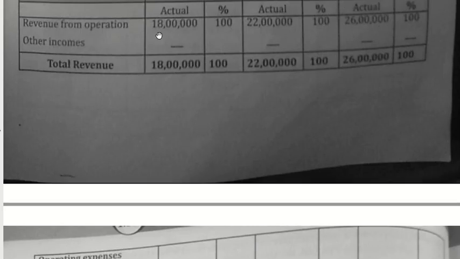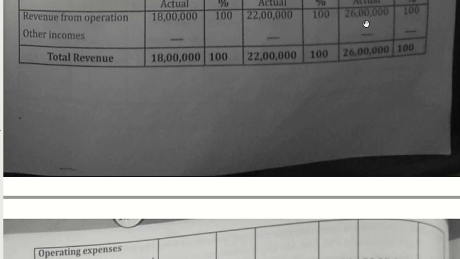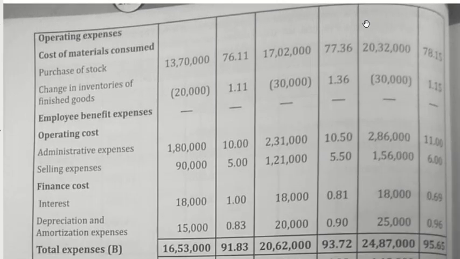Okay, the first year sales is how much? 18 lakh. So every item amount of the first year will be divided by 18 lakhs, and the second year it is 22 lakhs is your revenue from operation. So every item amount in your second year will be divided by 22 lakhs, and the third year it is 26 lakhs. So every year item it will be divided by 26 lakhs.